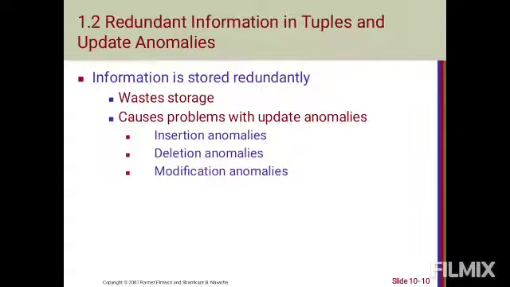Suppose we have a large amount of data, then the repetition of tuples in a relation may lead to wastage of storage. Another problem caused by redundancy is update anomalies: insertion anomaly, deletion anomaly and modification anomaly. We will explain each one.